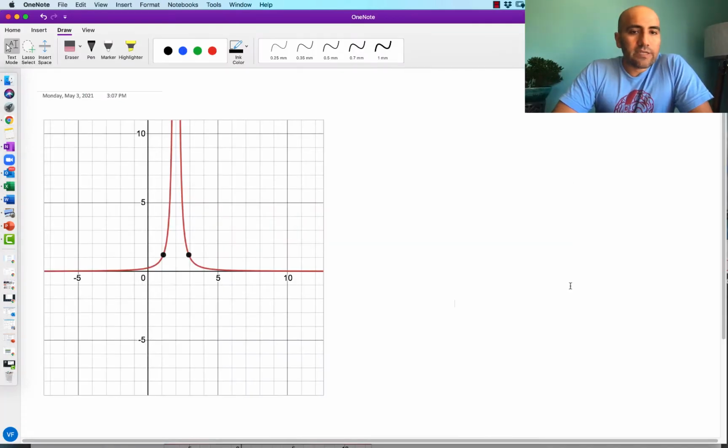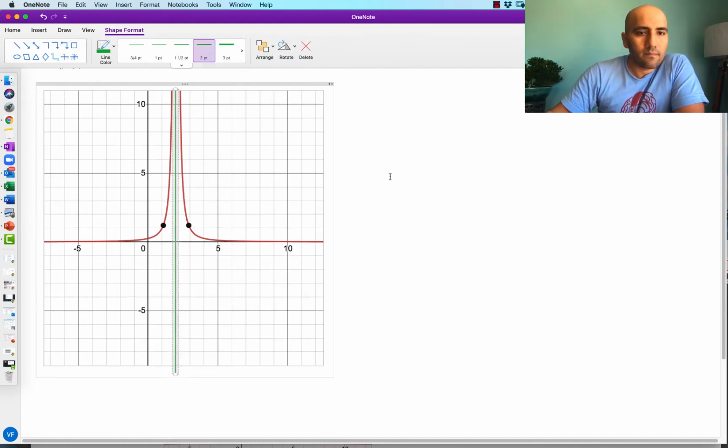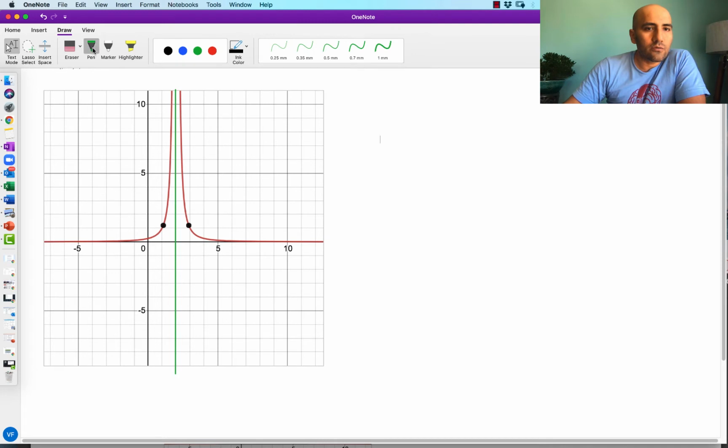Okay, here's another example we might run into, something that looks like this. This function has a vertical asymptote at 2. Right, so let me put it in green. So this function has a vertical asymptote at x equals 2.